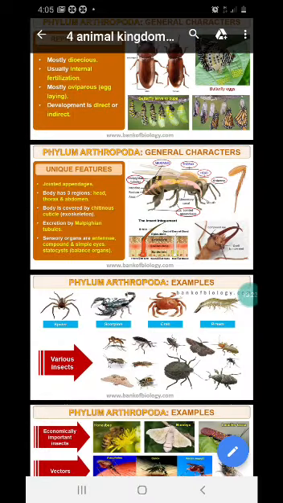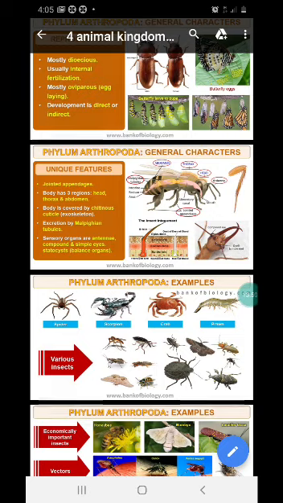Reproduction is by laying eggs, or oviparous. And they are dioecious; there are separate male and female insects. The fertilization is usually internal, and the development is mostly indirect. There is a larval stage, isn't it? Eggs give rise to caterpillars.